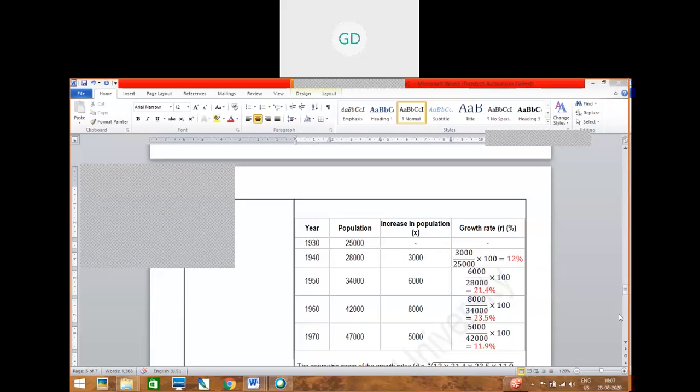So you divide the population crisscross: 3,000 divided by 25,000, then 6,000 divided by 28,000, 8,000 divided by 34,000, 5,000 divided by 42,000. Leave out the last population. Divide it like that and multiply it by 1,000. Sorry, divided by 100.